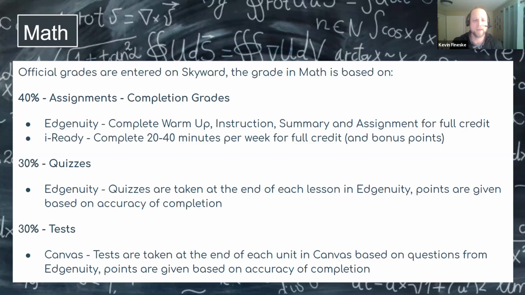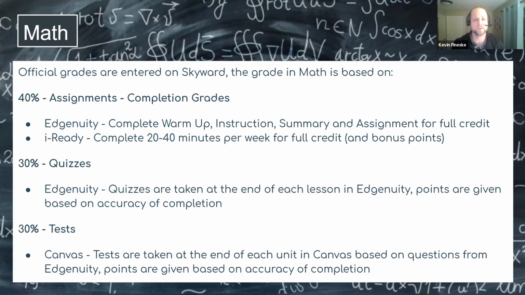The way our math grade is broken up, we have 40% designated for assignments, which are completion grades. We have Edgenuity coursework, which you get full credit for if you work through all of the parts of each lesson. We also have iReady, which is an individualized personal path for each student.